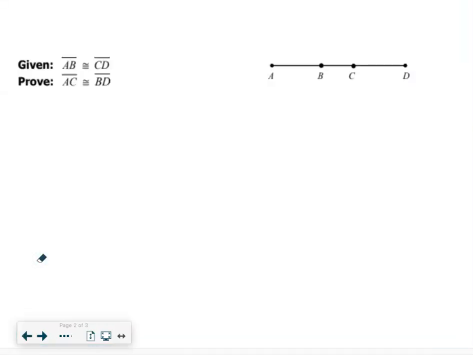Okay, so it says, given AB is congruent to CD, prove that AC is congruent to BD. So again, we always want to mark our picture so we have a visual of what's happening. AB is congruent to CD, and we want to prove that AC is equal to BD. I'm going to color code these a little bit.